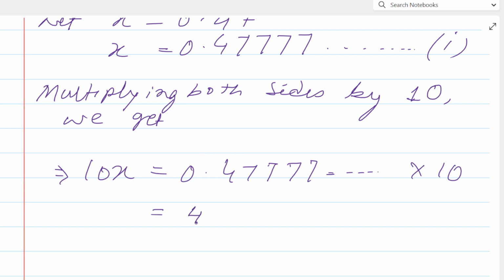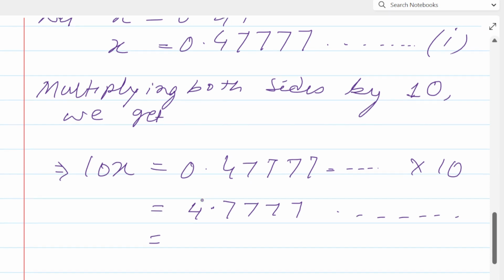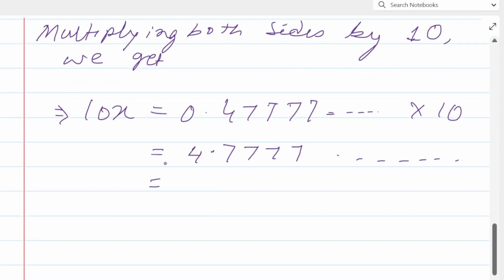That means 4.7777... Is that clear? Now I can also write this as 4 plus 0.3 plus 0.4777... Is there any problem?